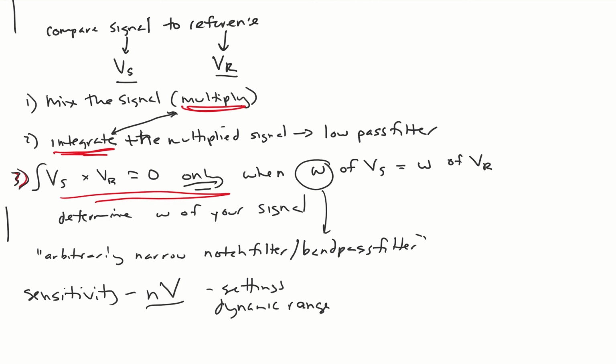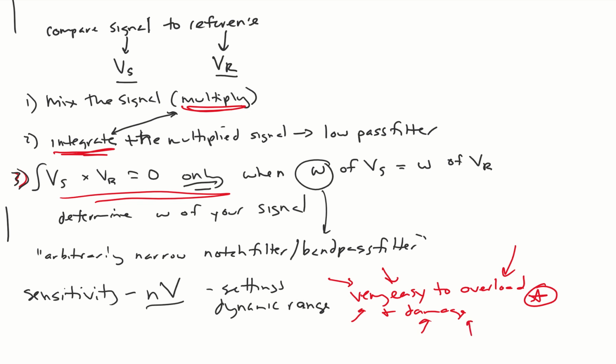Because it's very easy to saturate or overload this instrument. So please be careful. I'm drawing this in red and with a lot of arrows to say please don't break the lock-in amplifiers.